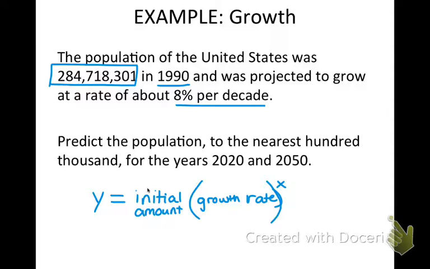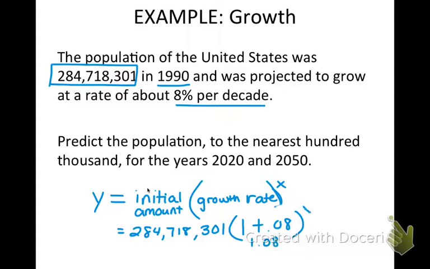That's why it was 25 times 2, where 2 was the multiplier. Here we're starting out with how many people? 284,718,301 times, what's going to be my growth rate? 0.08. So the multiplier would be 1.08, right? If we write it out, 1 plus 0.08, which really is 1.08 to the x power.